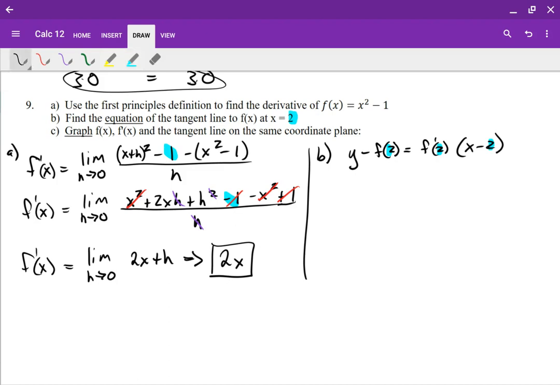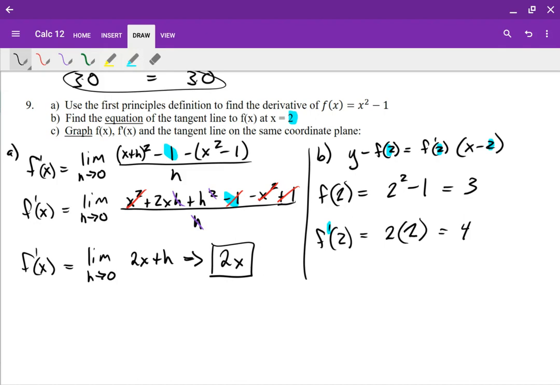This is a pretty easy procedure. I just evaluate the function at 2, so it's 2 squared minus 1, or 3, and I evaluate the derivative at 2, right? So 2 times 2. And when I evaluate the derivative, I'm going to go ahead and put a 2 there, but notice I'm putting a prime right here, indicating that I'm evaluating the derivative, okay? And they're giving us a 4, right?